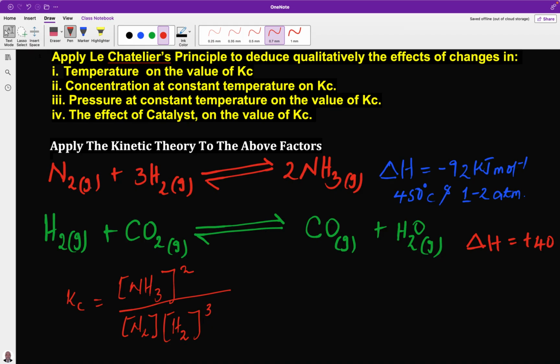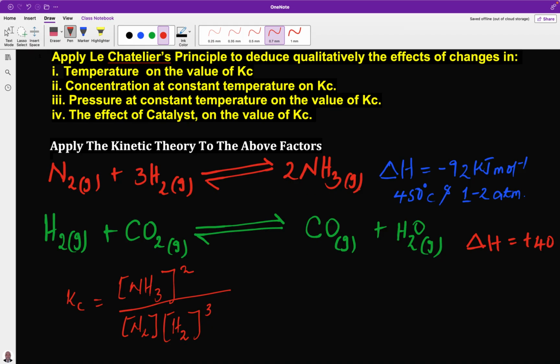Increasing the temperature here, the production of ammonia is more favorable under exothermic condition. So if we increase the temperature of the system, what happens? The equilibrium shifts more, but to what? To the left.